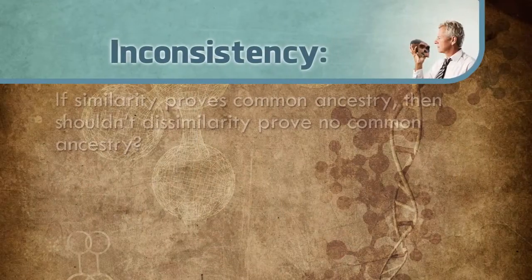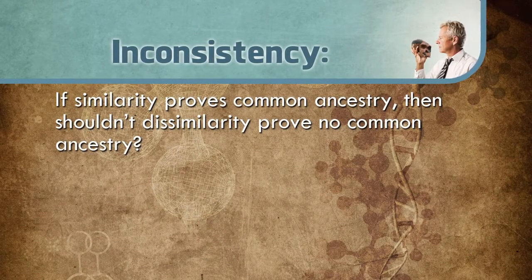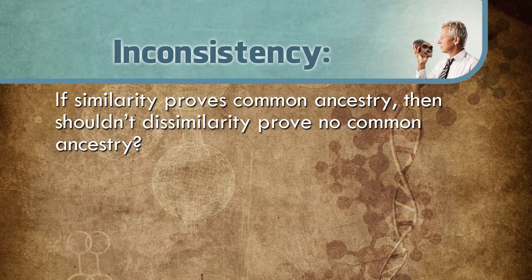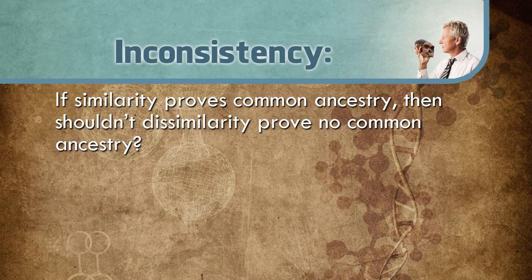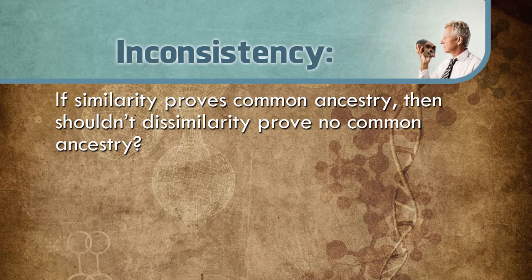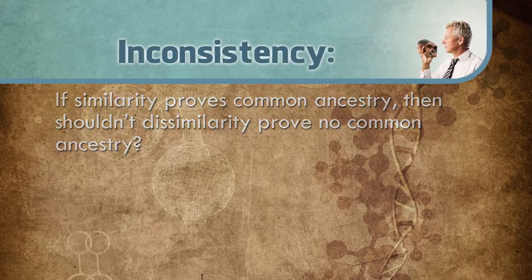And another inconsistency: if similarity proves common ancestry, then shouldn't dissimilarity prove no common ancestry? There's more dissimilarities between humans and other animals than there are similarities. So the homology argument only works when you pick and choose. In truth, it makes more sense that there was a common designer of these creatures who used certain structural features several times in many different creatures due to the fact that these anatomical structures are ideal for life in similar environments on this same planet.